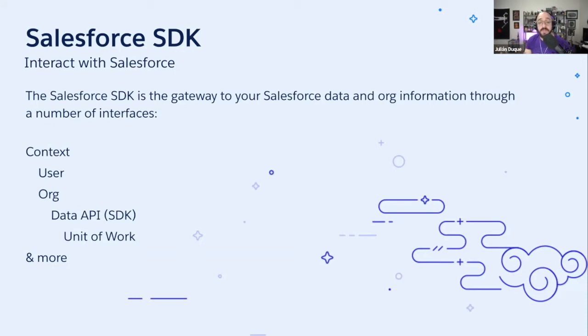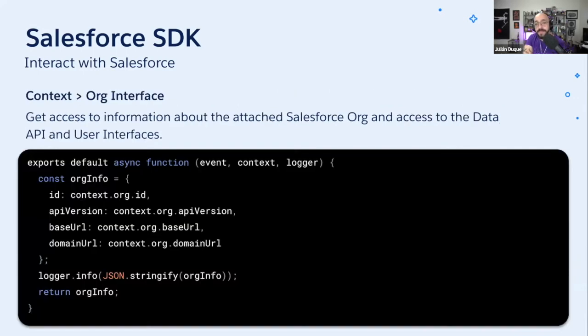And the data API is the SDK. Also, part of the data API is the unit of work. And the unit of work is a pattern to work with transactional operations that are going to be sent to Salesforce. I'm going to be showing you an example in a moment.